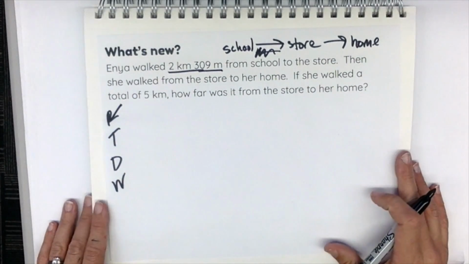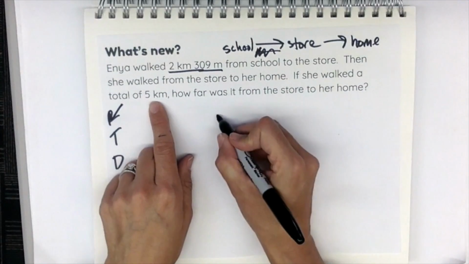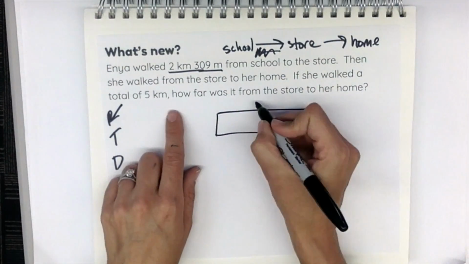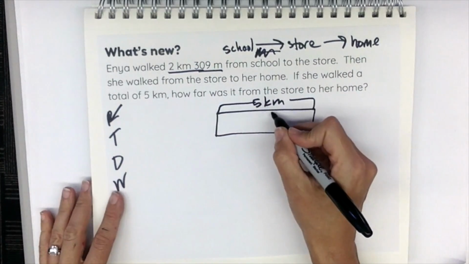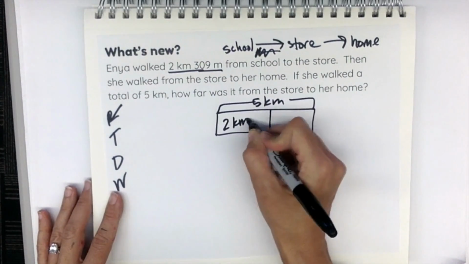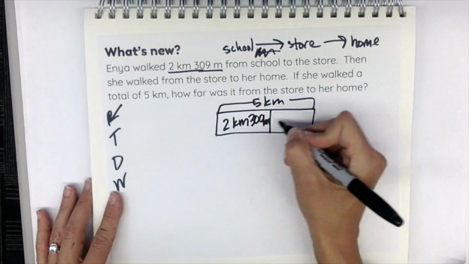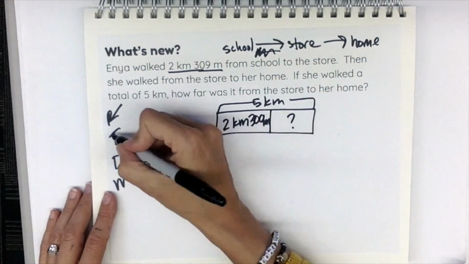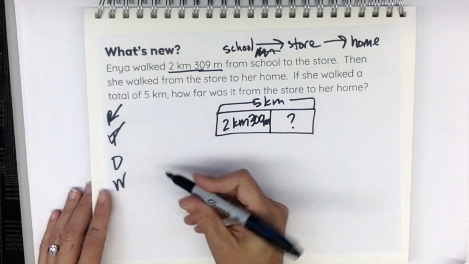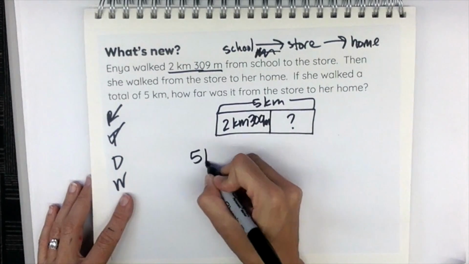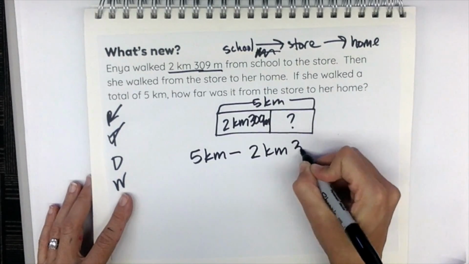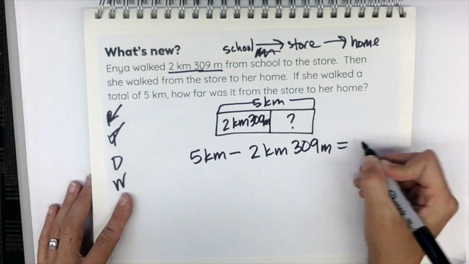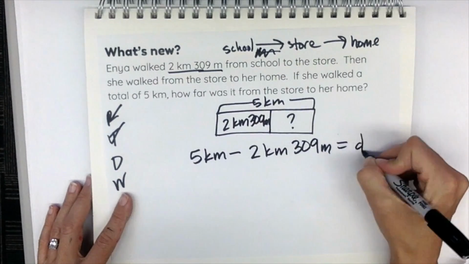I think it's going to be subtraction because we know the total is 5 kilometers, but we know one part of this is 2 km, 309 m. We don't know this part. So we drew a model and let's do an equation. So 5 kilometers minus 2 kilometers, 309 meters equals, and let's make it D for distance.